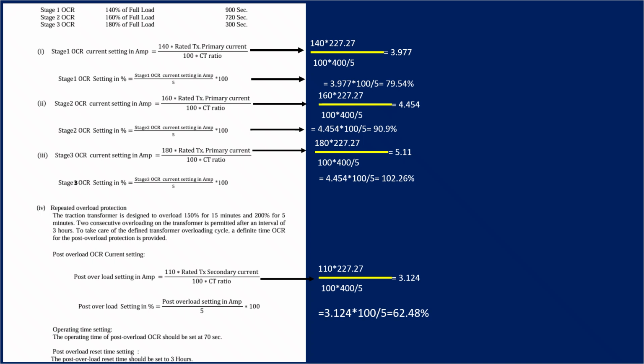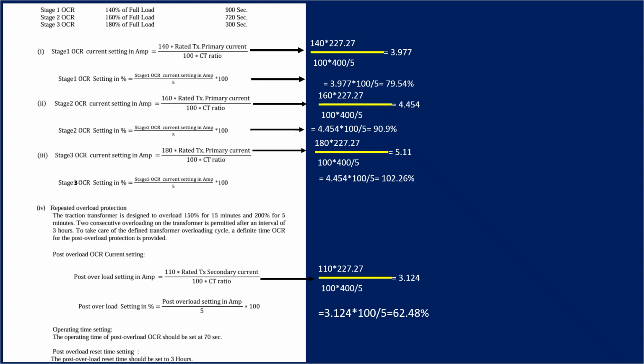So what is it coming to? 110 into the rated transformer secondary current reflected in the primary. How much is the transformer secondary full load current reflected in the primary side? It is 227.27, and your CT ratio is 400, so it is coming 3.124. So how to set this repeated overload protection? Let's see in the next slide.